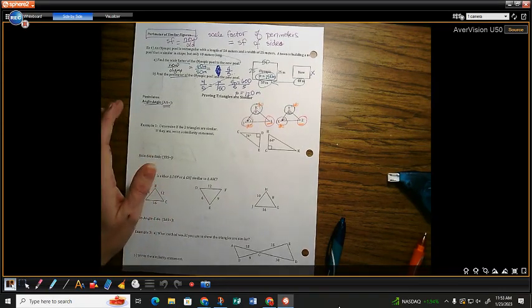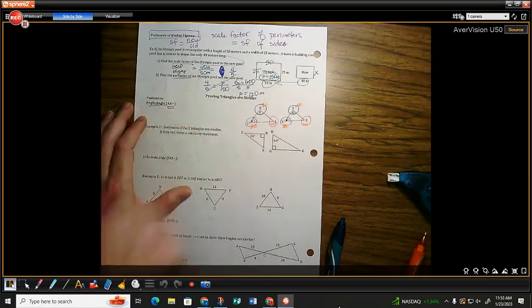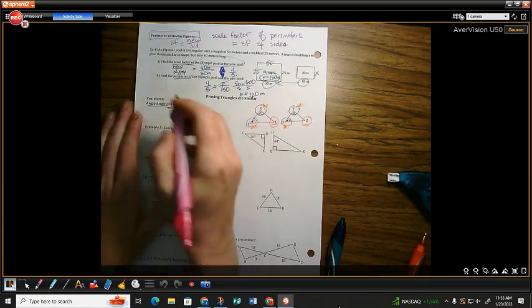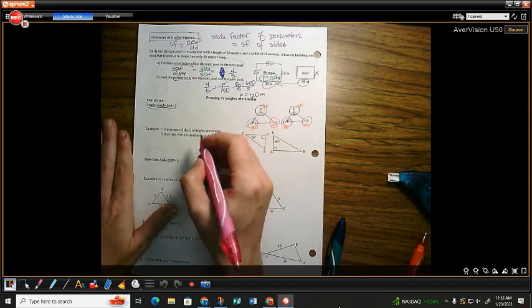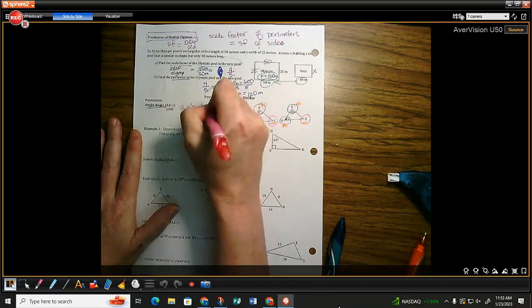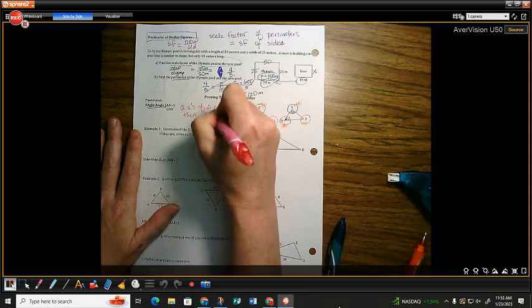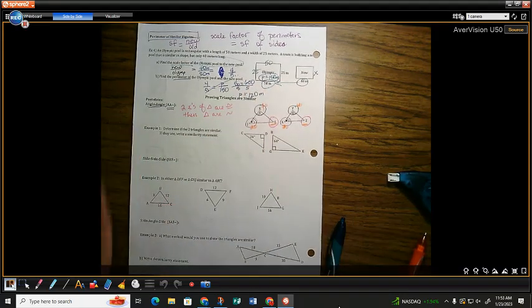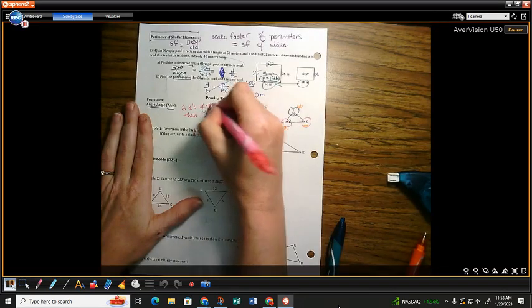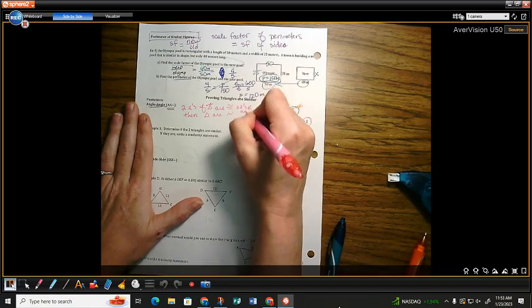So instead of needing angle, angle, angle for similarity, you just need to make two angles congruent. So what this says is that if two angles of one triangle are congruent to two angles of another triangle, then the triangles are similar.